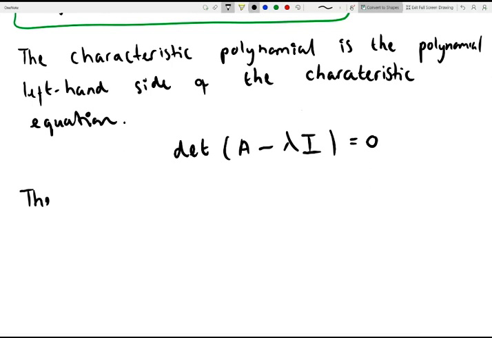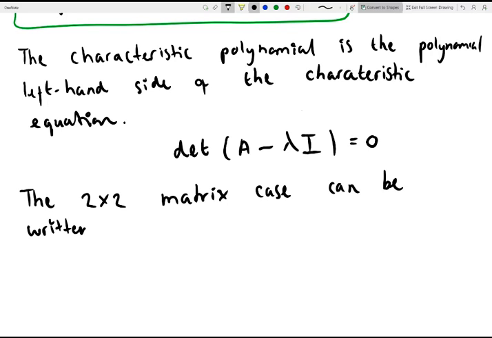And in the 2x2 case, it has a pleasant simplification, so it can be written in a particular form.